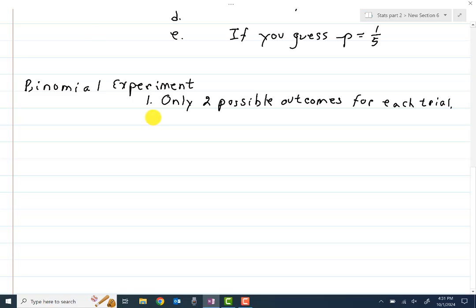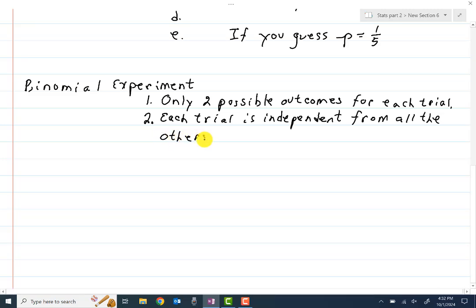Each trial is independent from all the other ones. We run the same trial over and over again.